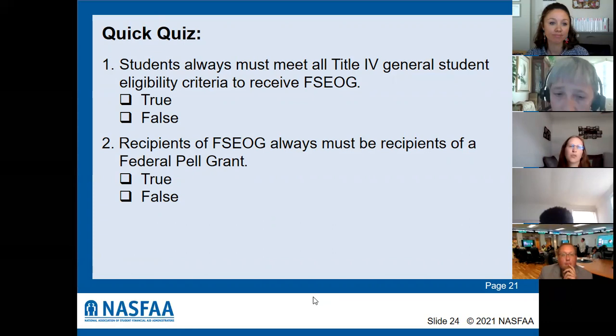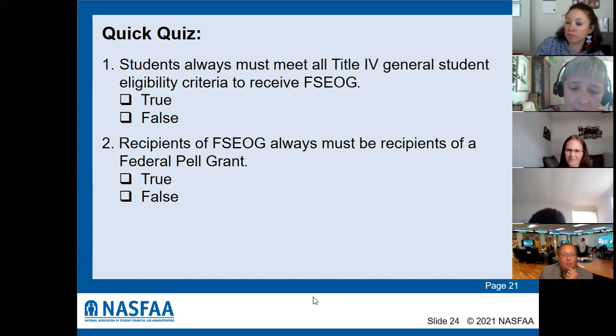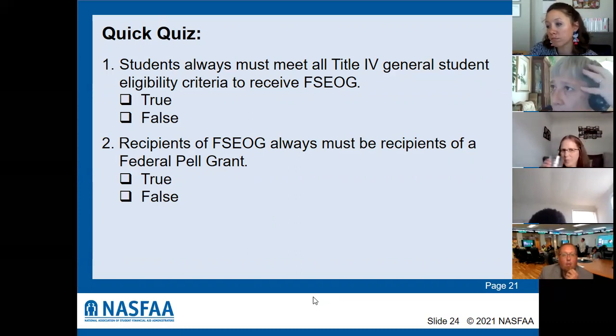Okay, so the student always must meet all Title IV general student eligibility criteria to receive SEOG. I see the word always in there. So I'll go ahead and say this is normally yes, but of course there's an exception.